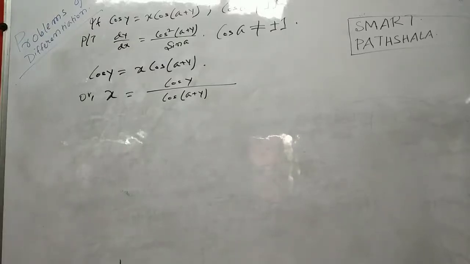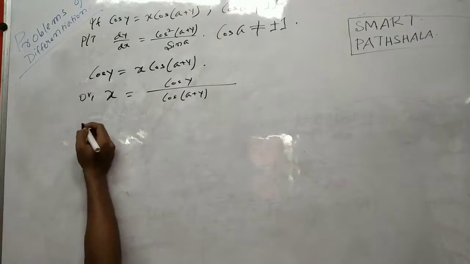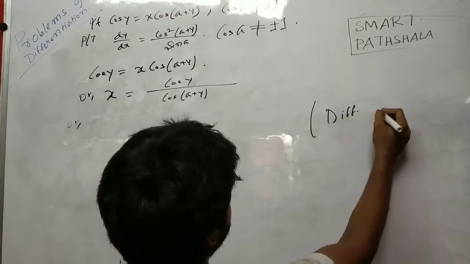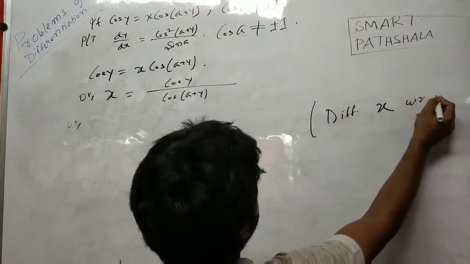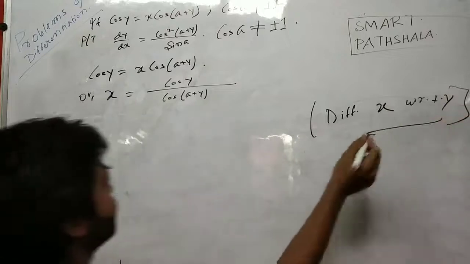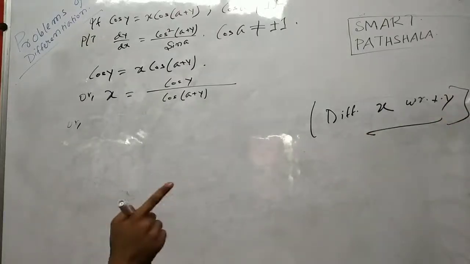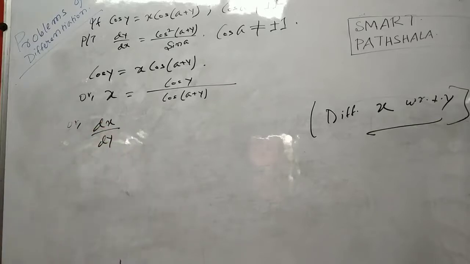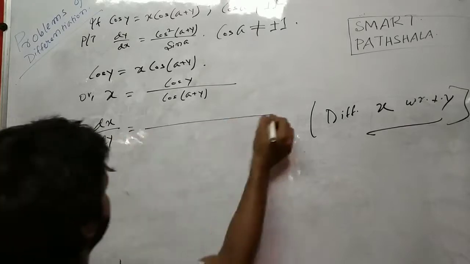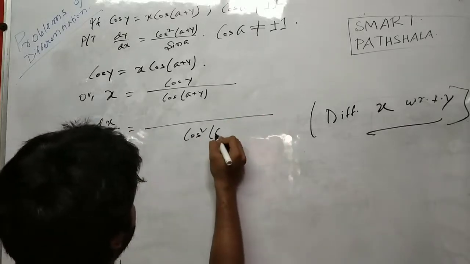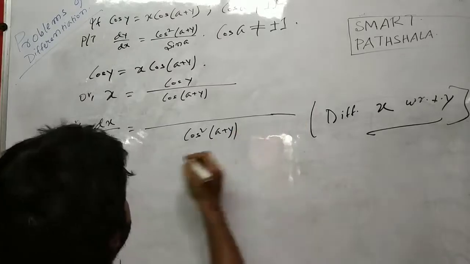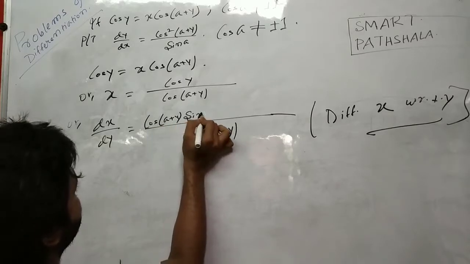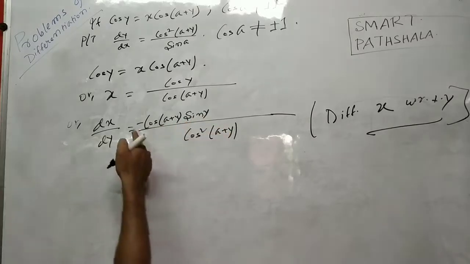So that's a little bit strange. Okay, no problem. So now differentiate x with respect to y in this case, right? Now when you differentiate x with respect to y, what you will get is dx by dy is equal to cos square a plus y, and cos a plus y sin y. You will get a minus sign over here.